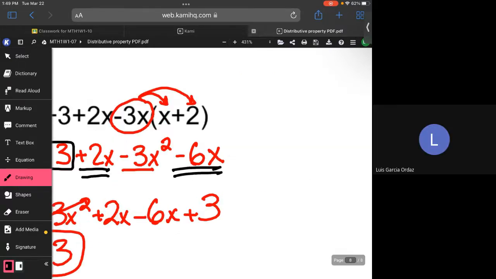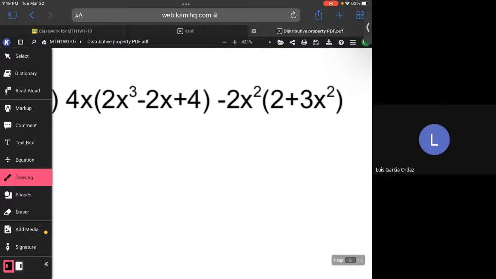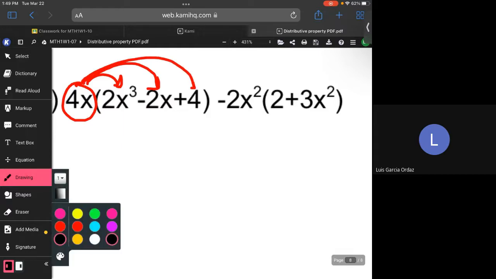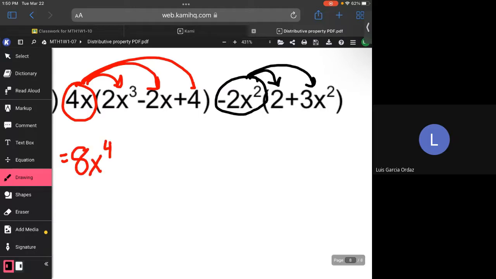Okay. So question D. So how many times do we need to distribute here? Twice. So this 4x has to distribute into my bracket. And same with this negative 2x squared, I have to distribute into my bracket. So 4x times 2x cubed, what would that give me? Maya? 8x to the 4th. Now I have 4x times negative 2x.